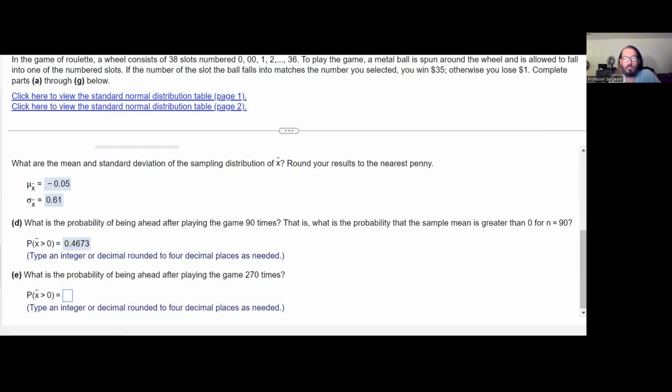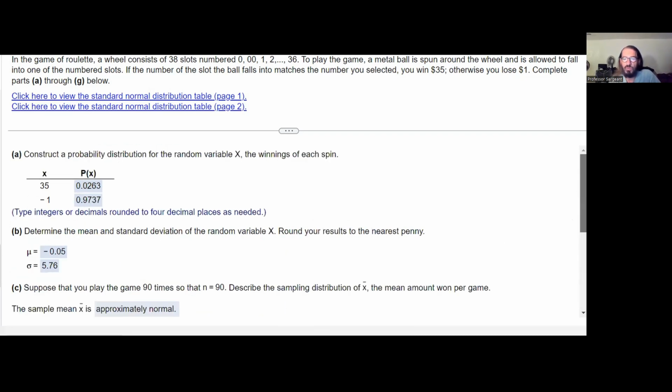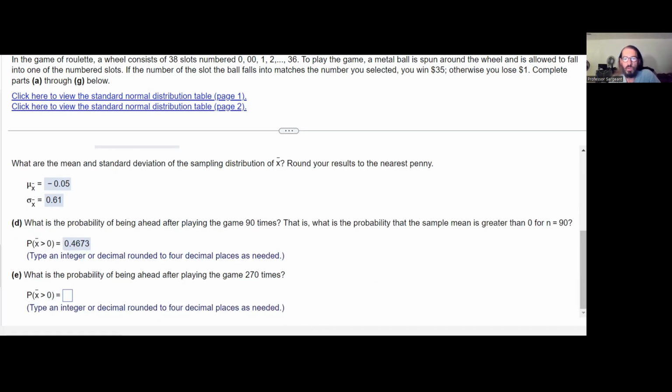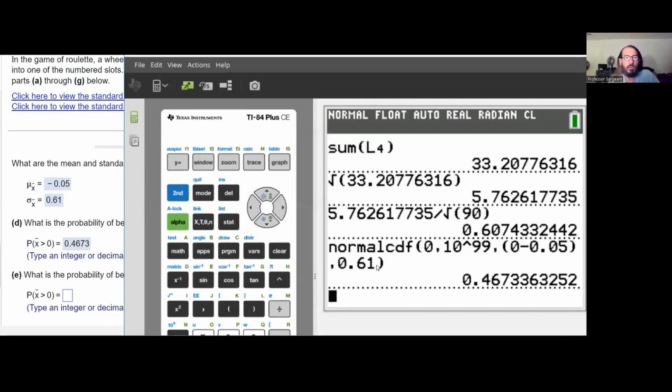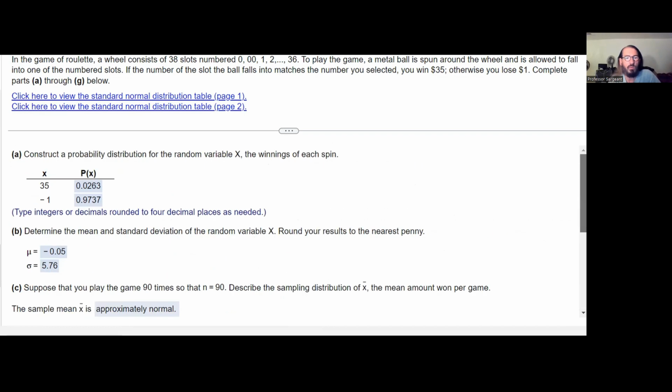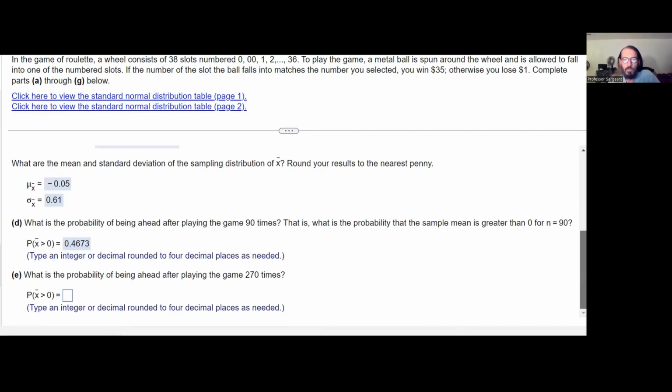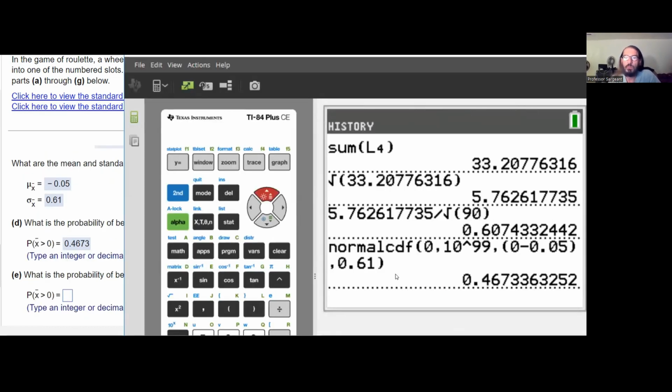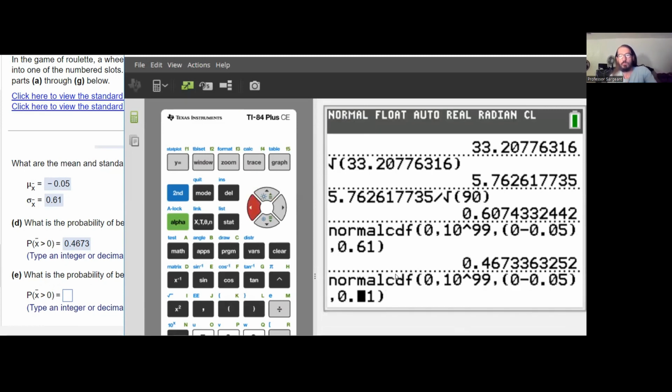So what if we went up to 270 games? Well, sigma was originally 5.76, and now n is 270. Just leave everything else the same.